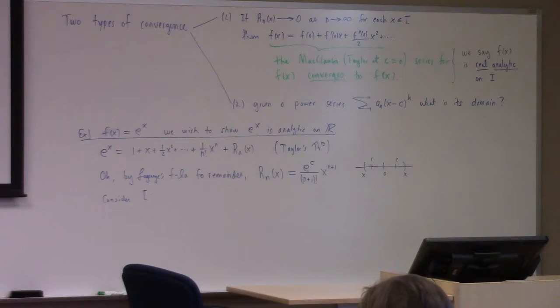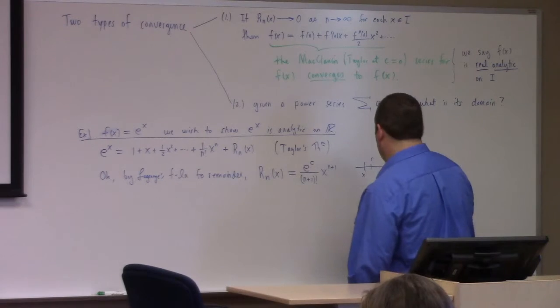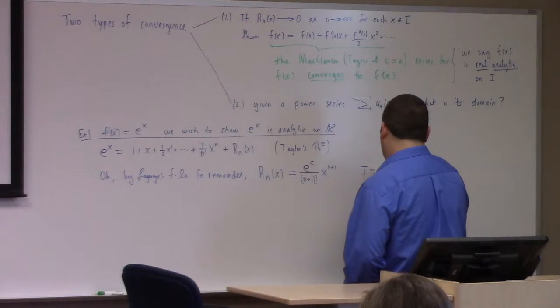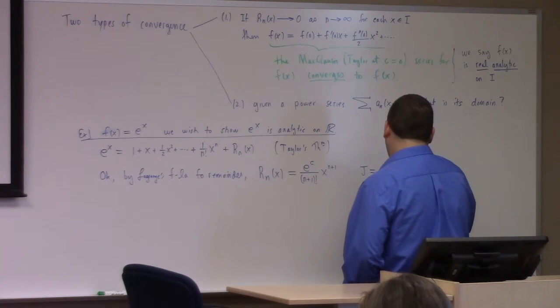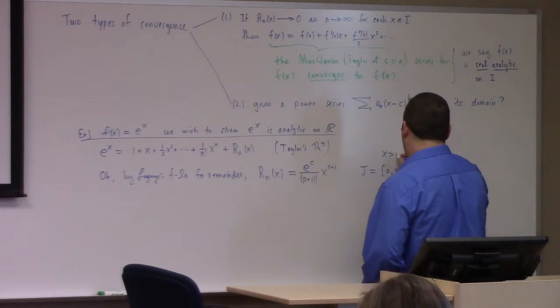So he looks at an interval J. He says begin by fixing x and letting m be the maximum value of the exponential on the interval. So let's do that. This picture wasn't wrong, but maybe it's not helpful. So here J is going to either equal 0 to x, or J is going to equal x to 0, depending on if x is positive or if x is negative.